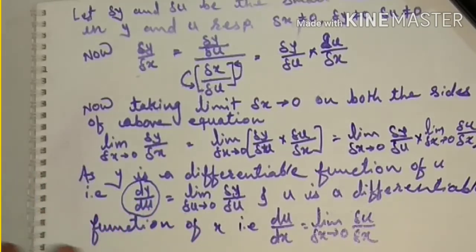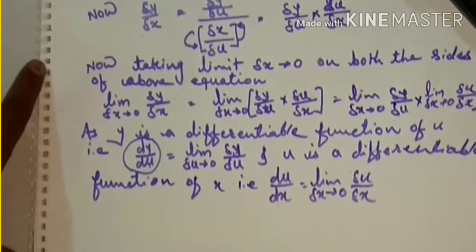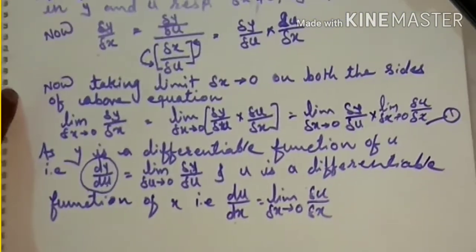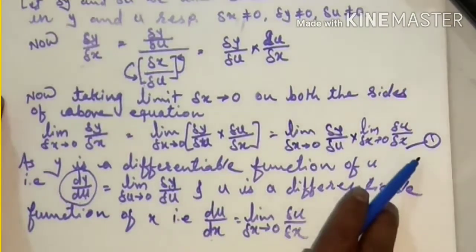The same thing will happen for u. u is a differentiable function of x. So by the definition of derivative, the derivative of u with respect to x, that is du by dx, is equal to limit delta x tends to 0, delta u by delta x. This is equation number 1.